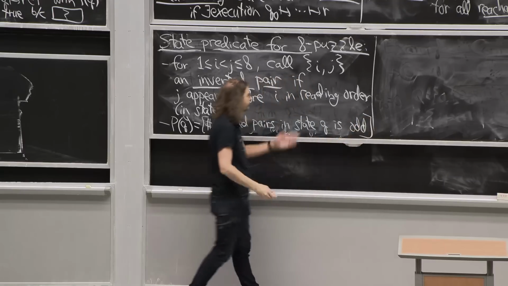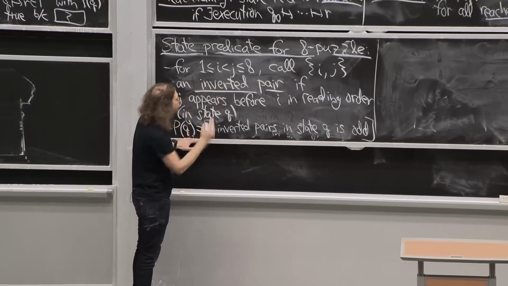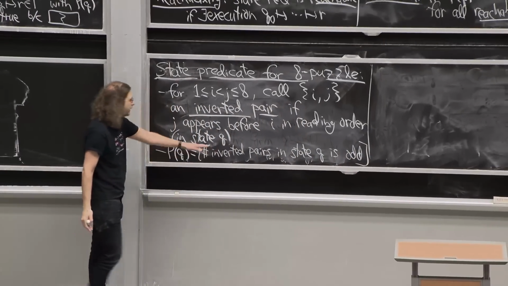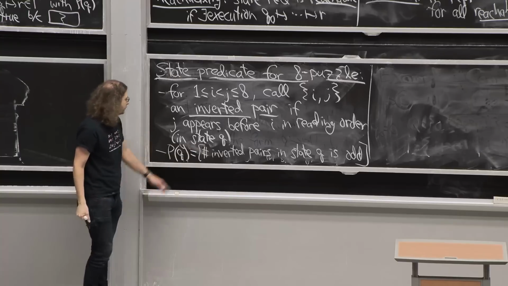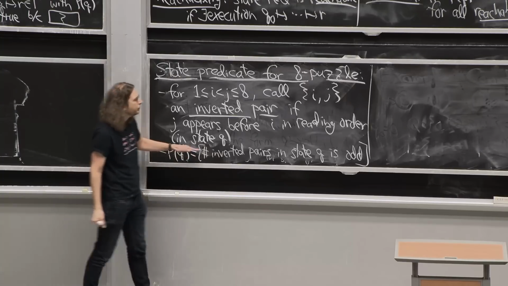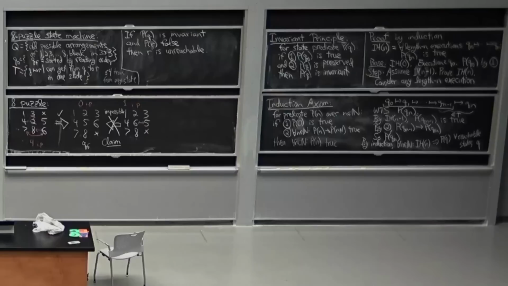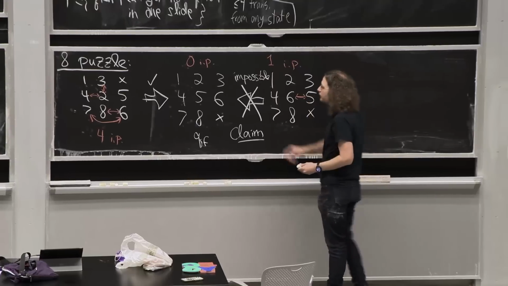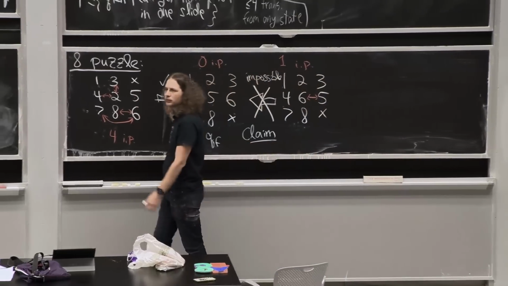This proof will work for either one, but if we want to prove this particular impossibility result, odd is what we need. So P of Q is going to be true for this configuration because it has an odd number of inverted pairs. And it's going to be false for these two.